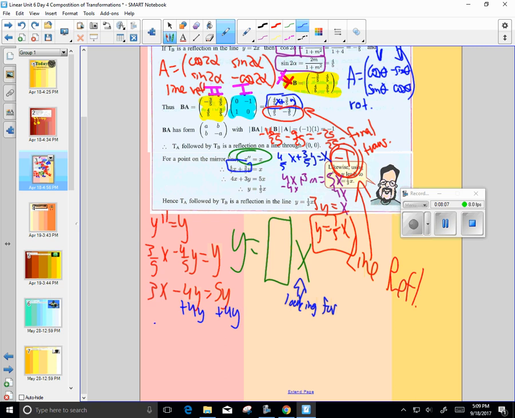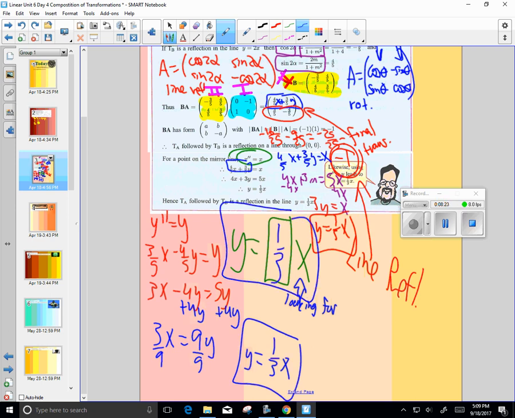This is kind of magical, actually. 3x is equal to 9y. So y is equal to 1/3 x. So in both cases, this is the line we're reflecting about. It's cool that both the x transformation gives you that and the y transformation gives you that.